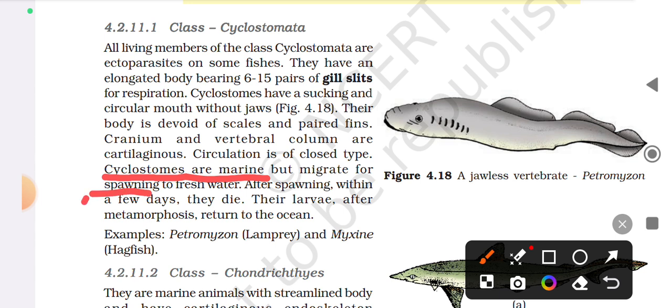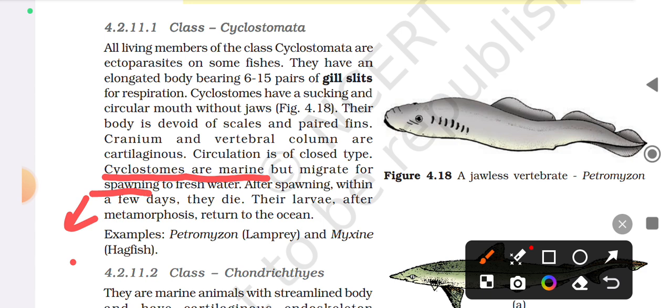You have to write in a corner of your NCERT, release the gametes. They release the gametes, that means egg and sperm, in fresh water. So for spawning, they move into fresh water, and after spawning they die.